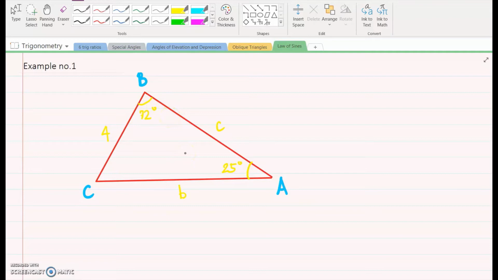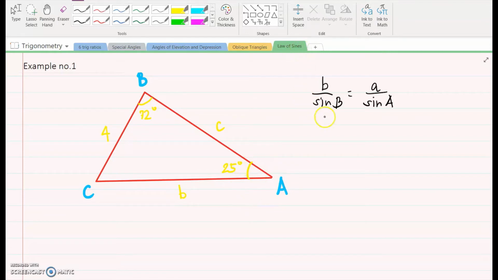Since we are looking for side B, we can take the law of sines as B over sine B equals A over sine A. So this will be our proportion.